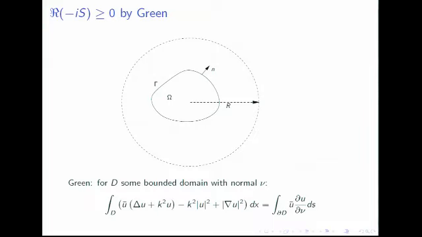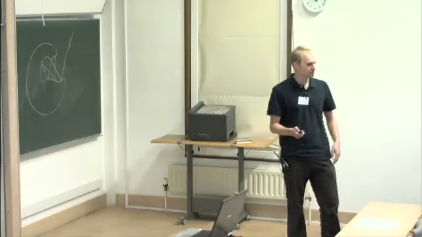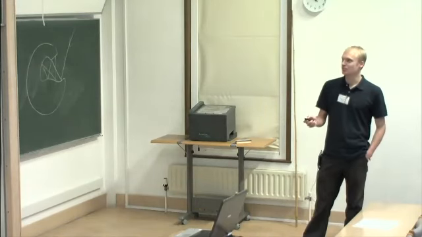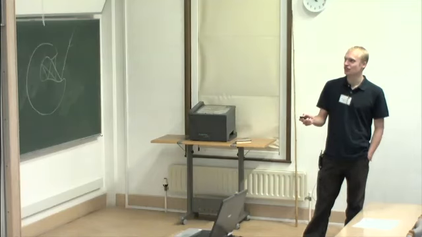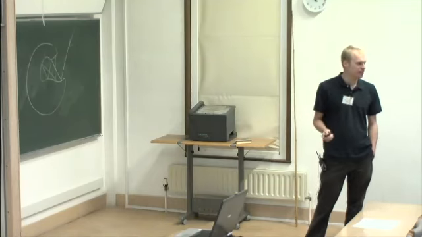What I'm going to do is choose u to be a particular solution of the Helmholtz equation. I'm going to apply Green inside the domain, and then apply it outside the domain but inside the ball of radius r, and add these up and see what I get. The particular solution of Helmholtz I'm going to choose is u being the single layer potential with density V.